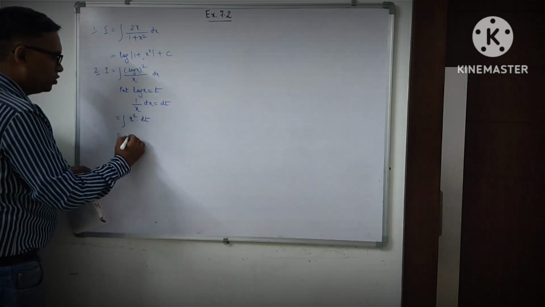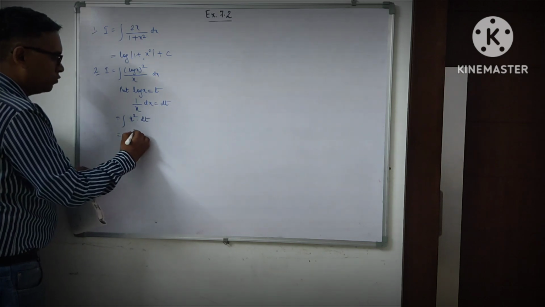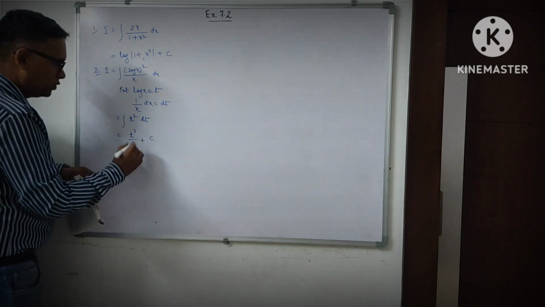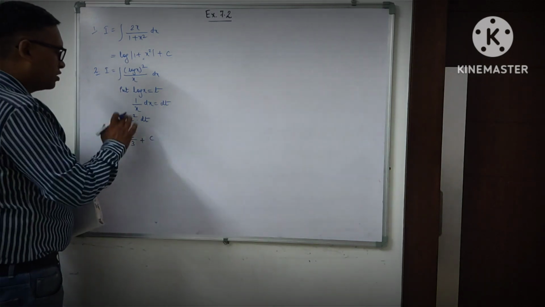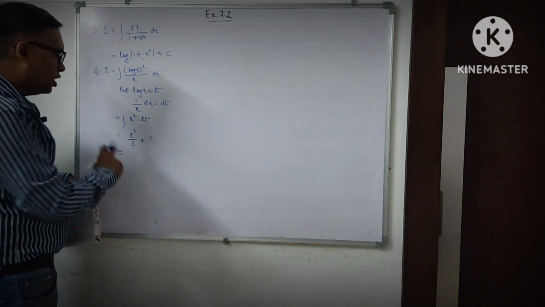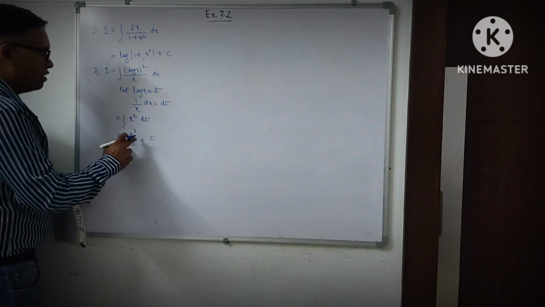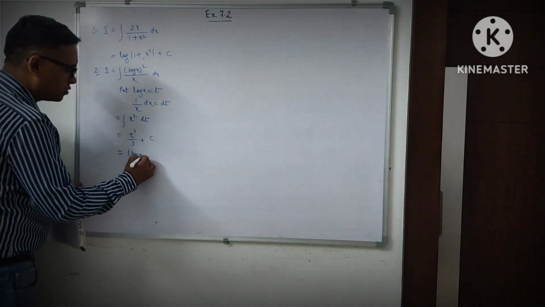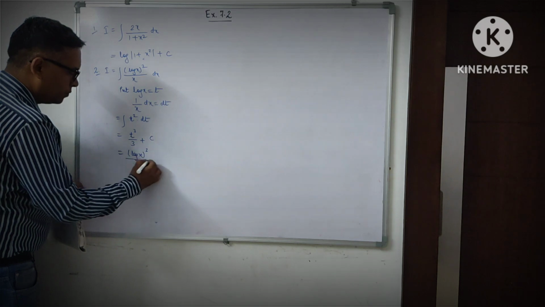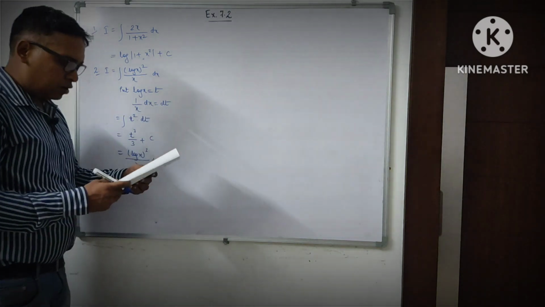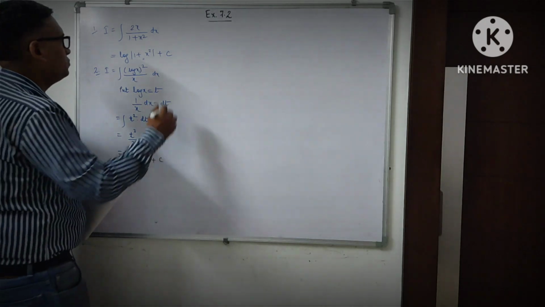So what is integration of t square? Integration would be t cube by 3 plus c. Got it? The formula is of x to the power n, that is x to the power n plus 1 upon n plus 1. Now we have to replace t by the original one, that is (log x) whole cube by 3 plus c. This completes our question number 2.